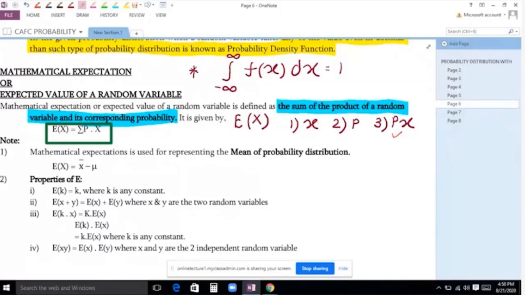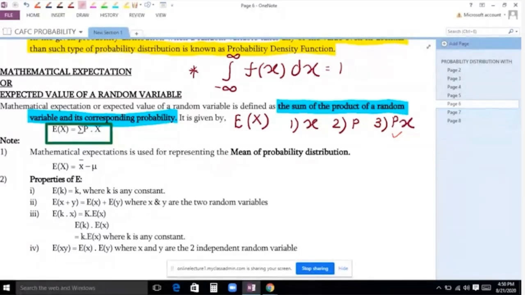Which is the correct answer? Expected value of a random variable, it is always, which option will be the answer?